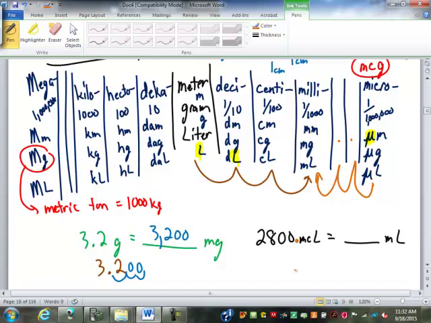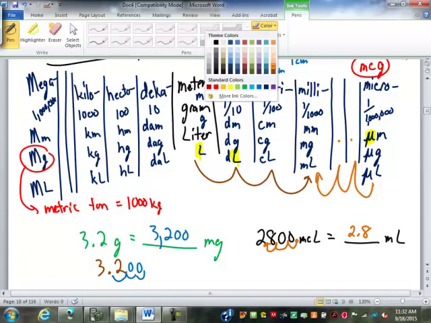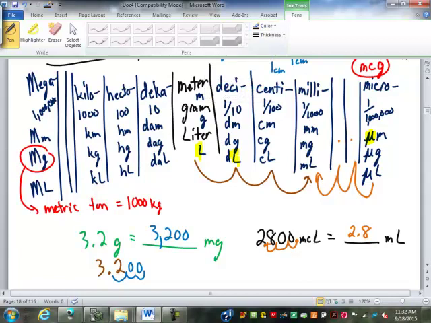So I take my decimal point in the 2800 here and I move 1, 2, 3 spots to the left. 2.8 milliliters. So that's one way of making our conversions in the metric system, is to just use movements or places on that chart and move our decimal point the same direction in the same amount.